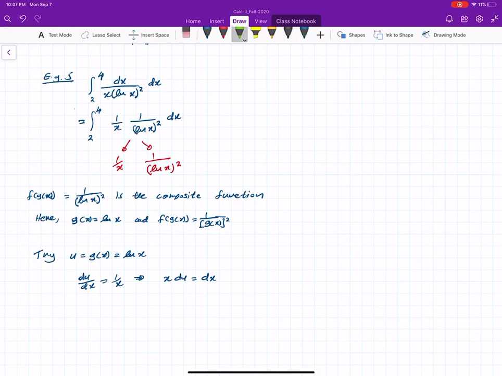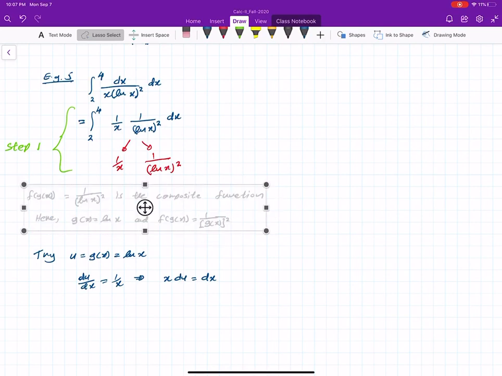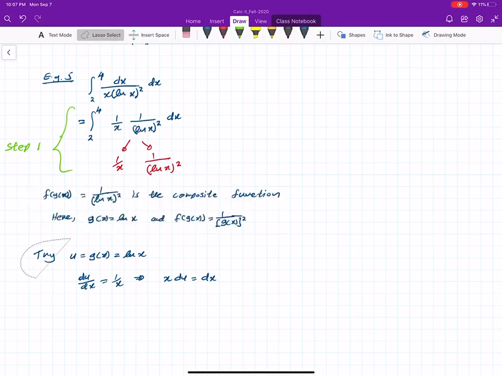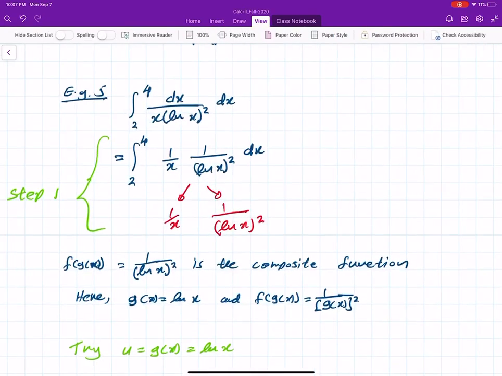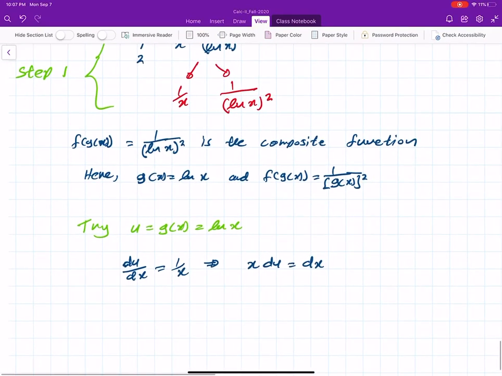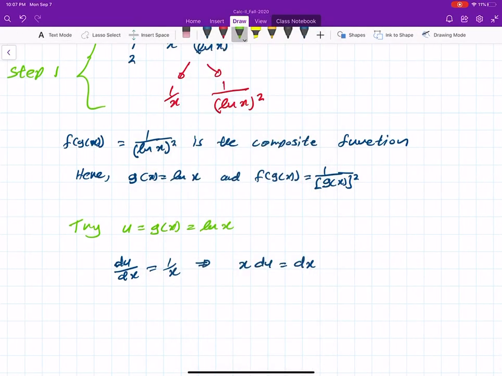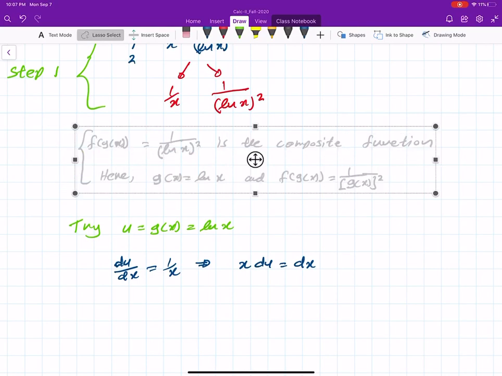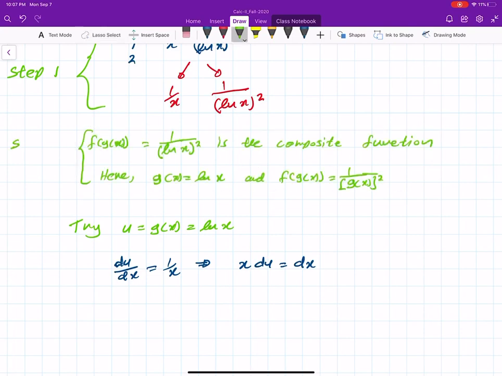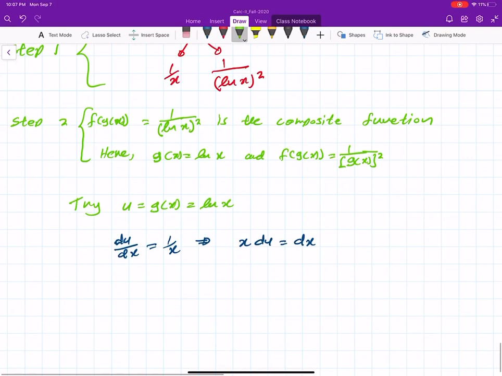The splitting part is step 1. This is step 2. And this is step 3.